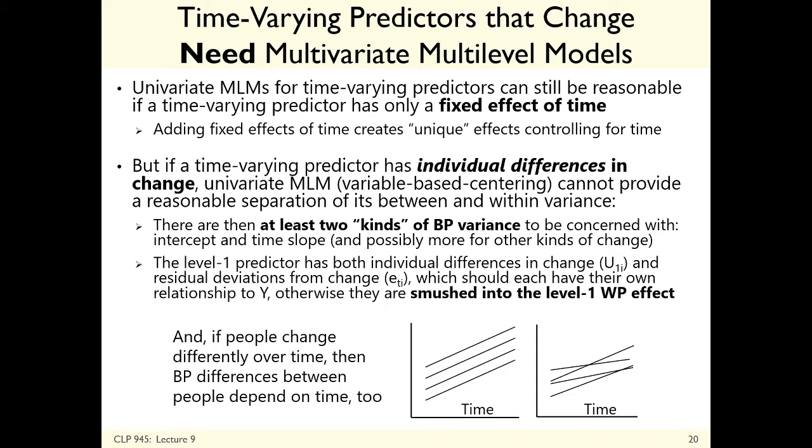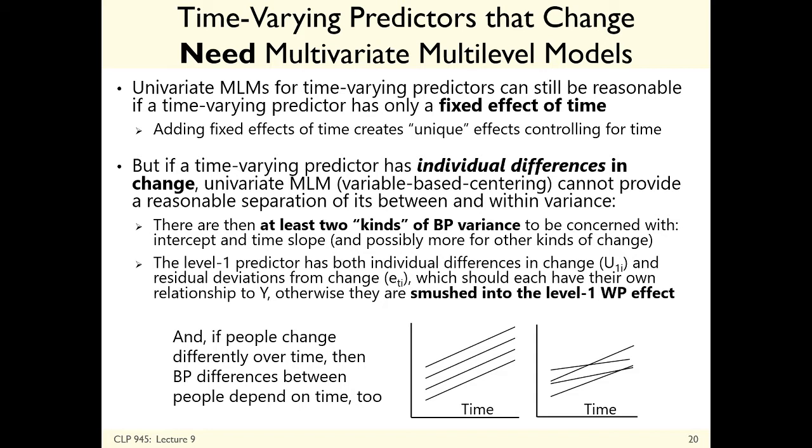So let's say that you've measured something like, in older adults, processing speed and memory, and we measure those each once a year for a decade. And we want to know if changes in processing speed correlate with changes in memory, something like that. There's a lot of research that's phrased that way.